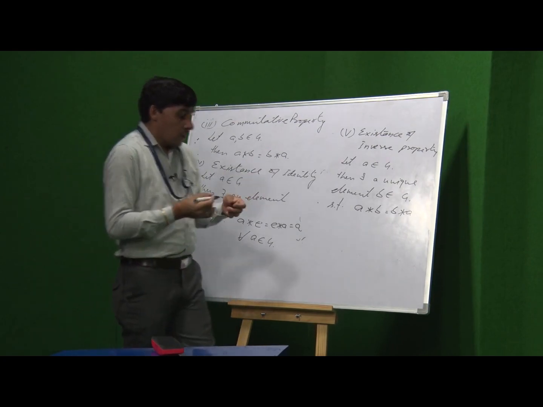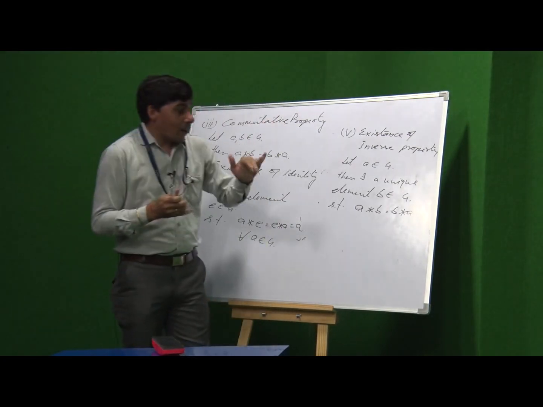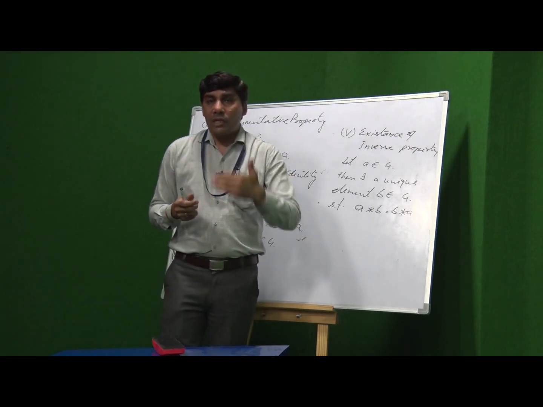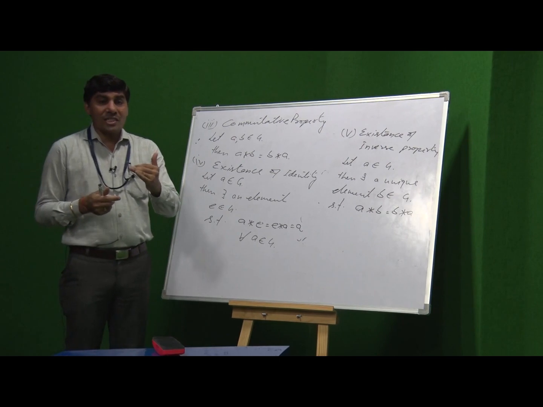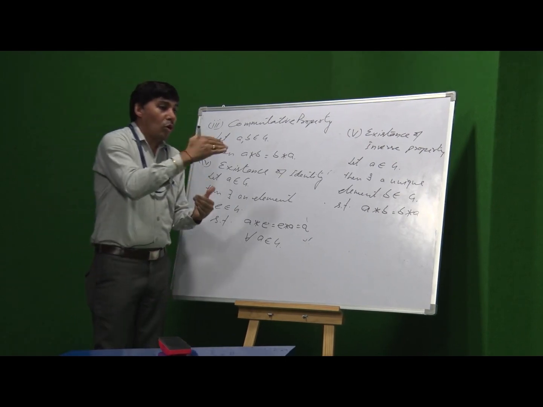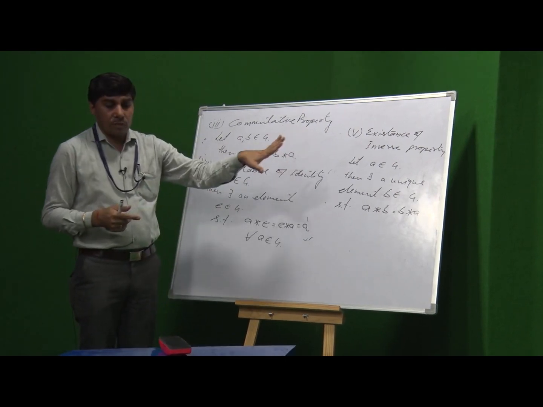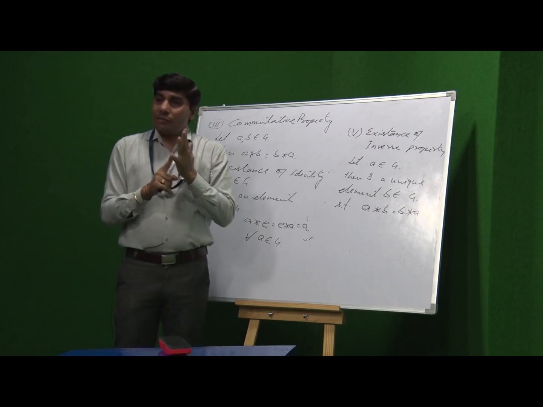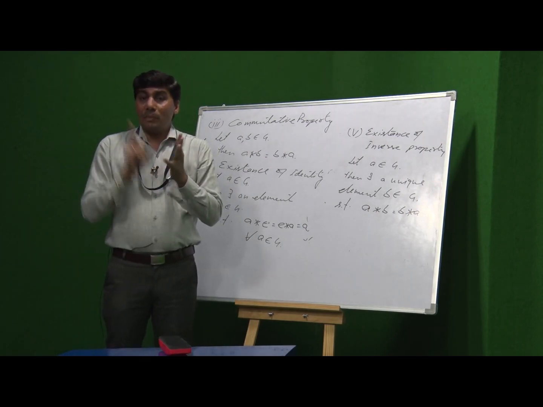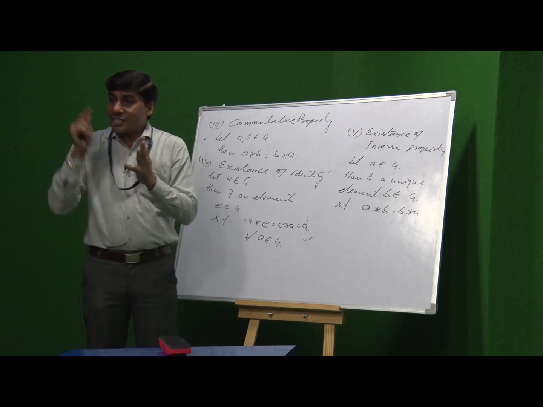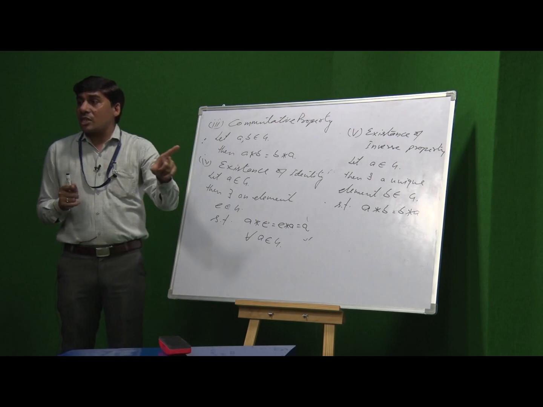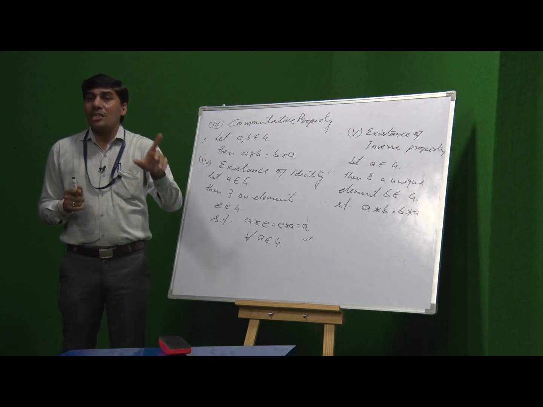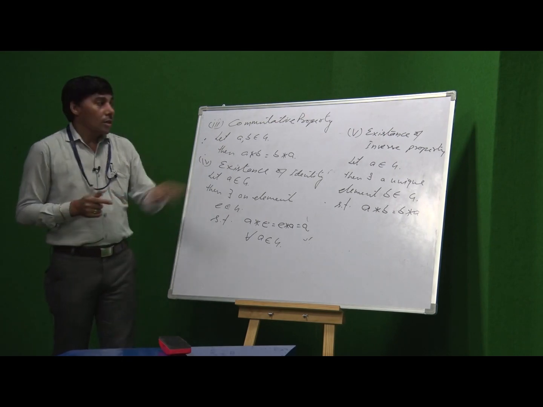Now, after binary operations, we will discuss algebraic structures. An algebraic structure is more powerful than a set. A set is a well defined collection, but a set equipped with a binary operation star is known as an algebraic structure.